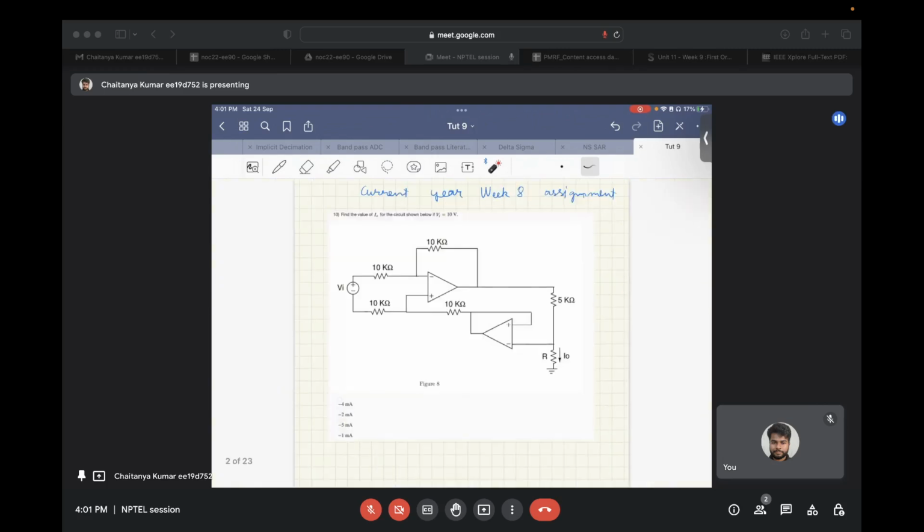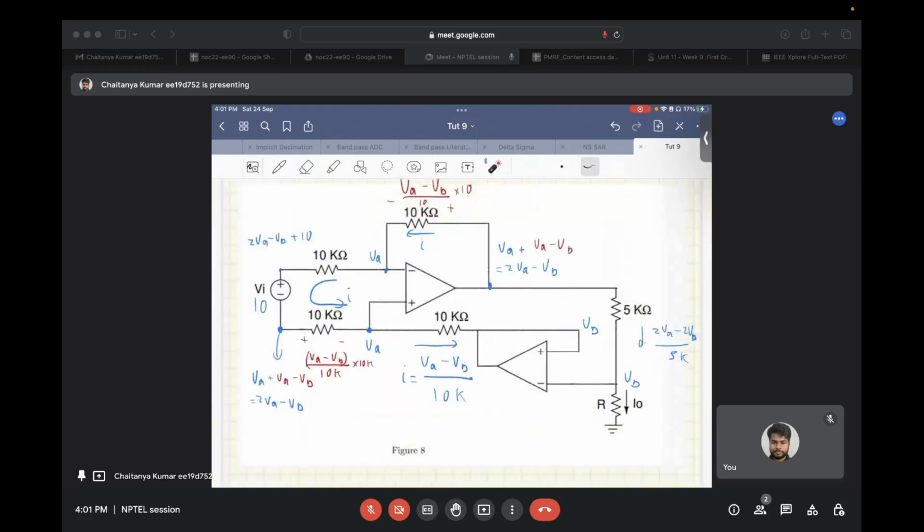So in order to solve it, let's call this op amp A and op amp B. The voltage at the negative and positive terminals of op amp B, let's call it VB, and the voltages at the negative and positive terminals of op amp A, let's call them VA.